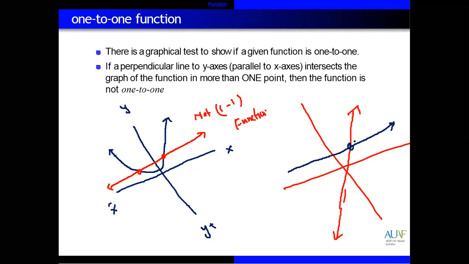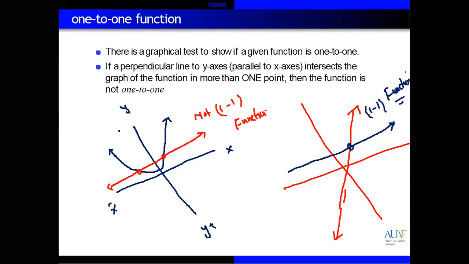So this means that this is a one-to-one function. This was the graphical test to prove whether a function is one-to-one or not.